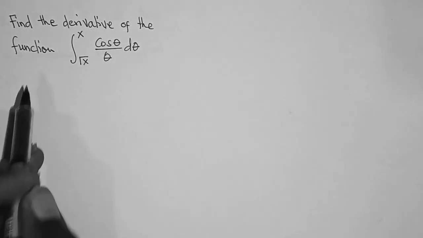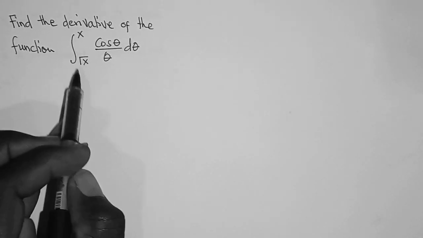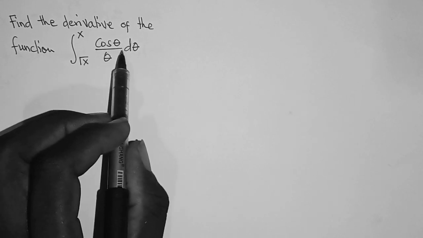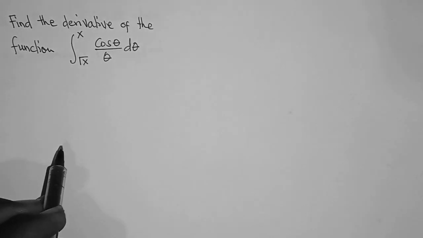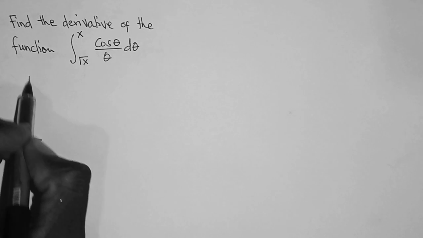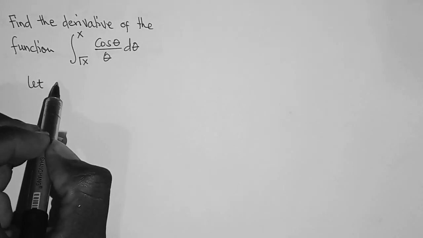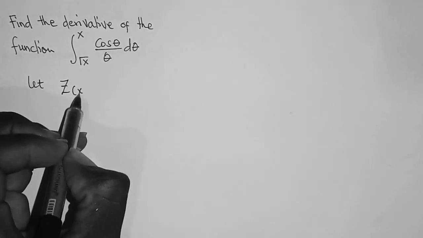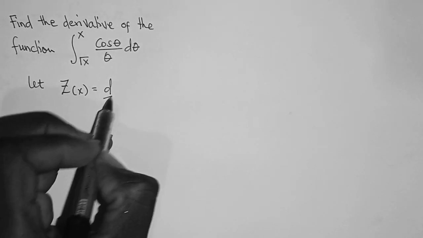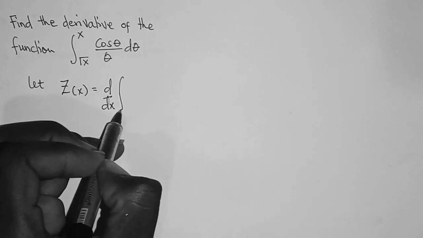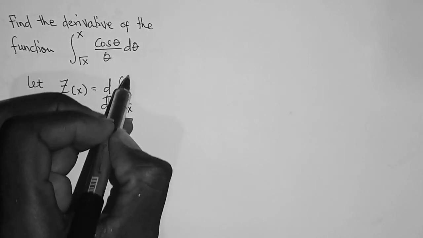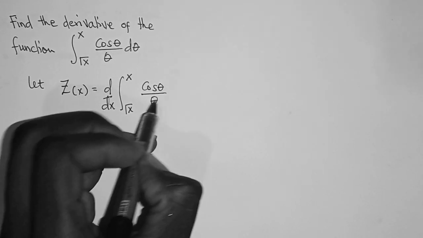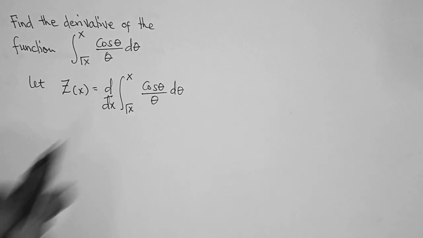Find the derivative of the function integral from root x to x of cos theta over theta d theta. So let us let capital Z of x be equal to d dx of the integral from square root of x to x of cos theta over theta d theta.